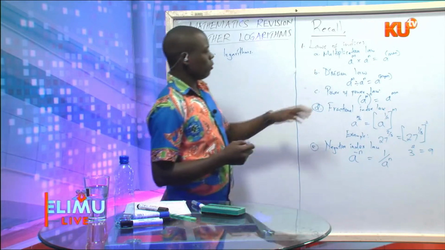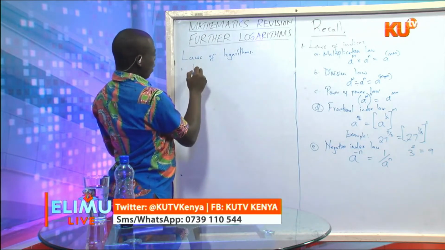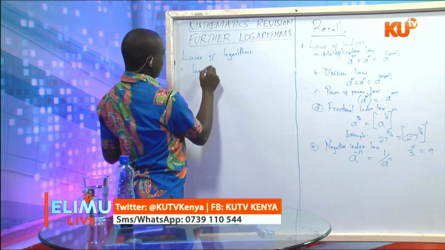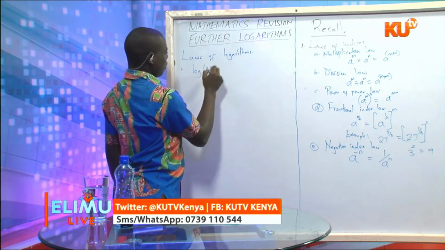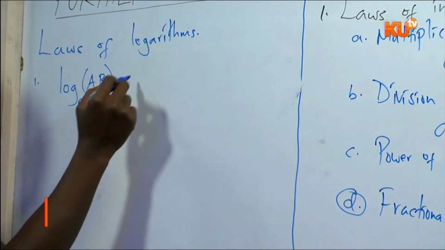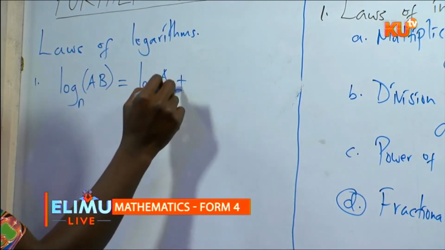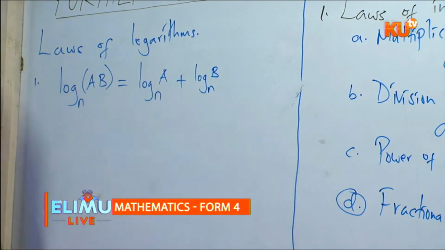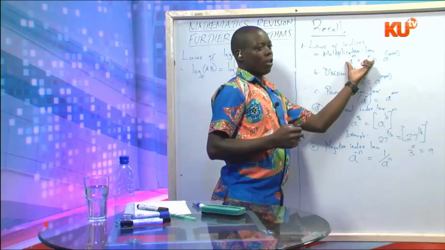So in this case, law number 1: when you have the log of a number, let's say a times b to the base n, I will have this as log of the number a to the base n plus log of the number b to the base n. That is the first law that comes out of the multiplication law in indices.